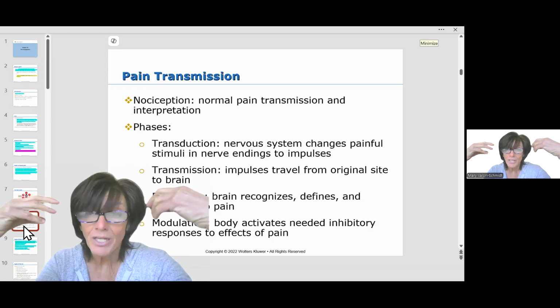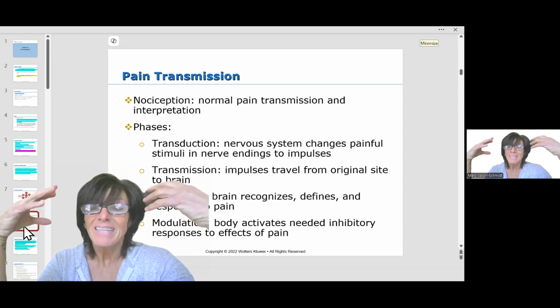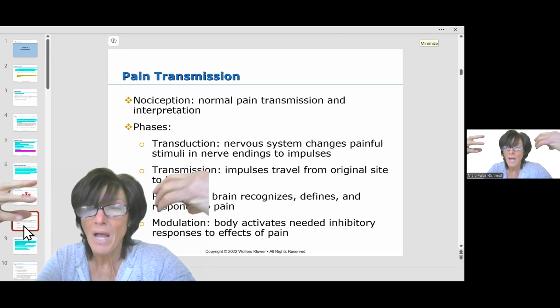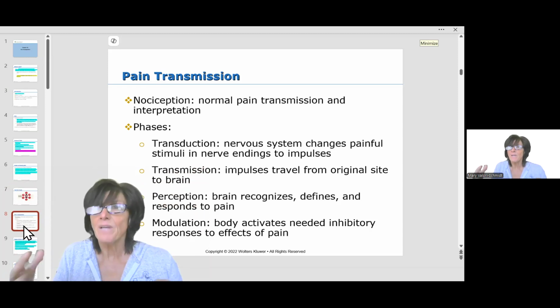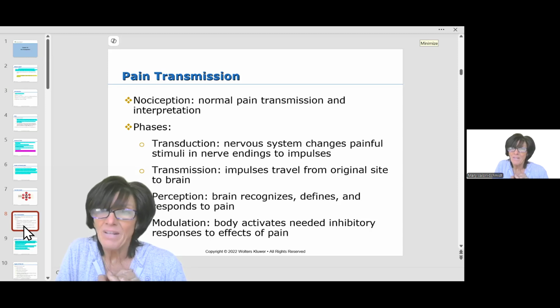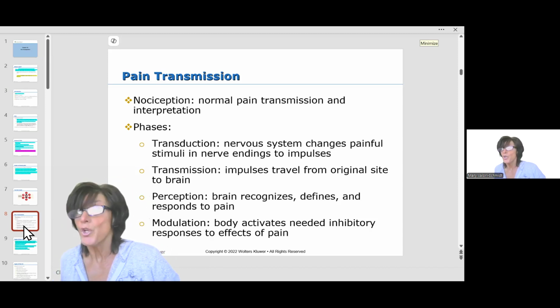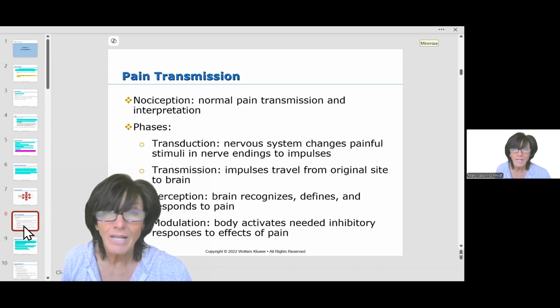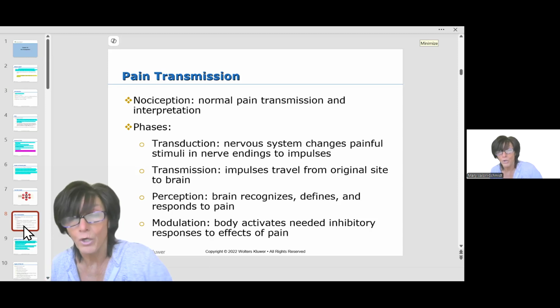Then modulation is when your body does different types of inhibitory responses. In other words, if something hurts, you're going to favor it. You're not going to want to use it, right? That's an inhibitory response because of the pain. If your foot hurts, you're going to favor the other foot and not want to put weight on the foot that hurts, right?